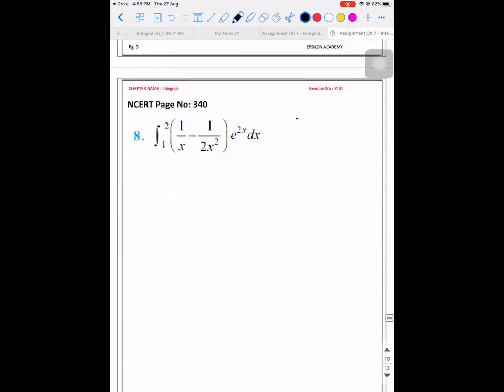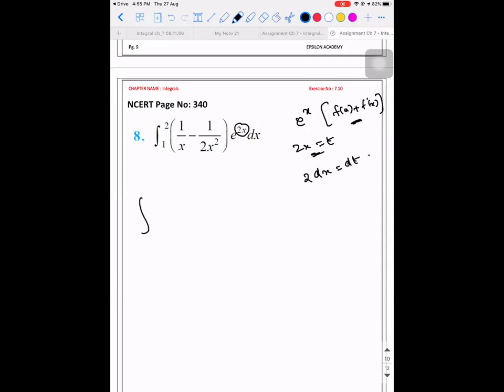This one: e power x into f of x plus f dash of x concept. That is e power x f of x. The only thing is you need to have e power x. So you can put 2x is equal to t and then proceed and see. If you put 2x is equal to t, then you will get 2 dx is equal to dt.